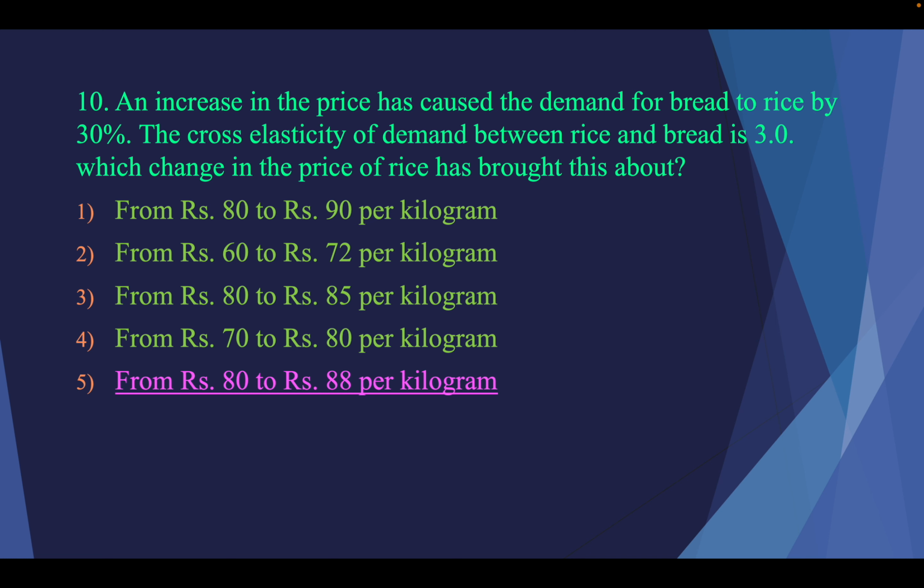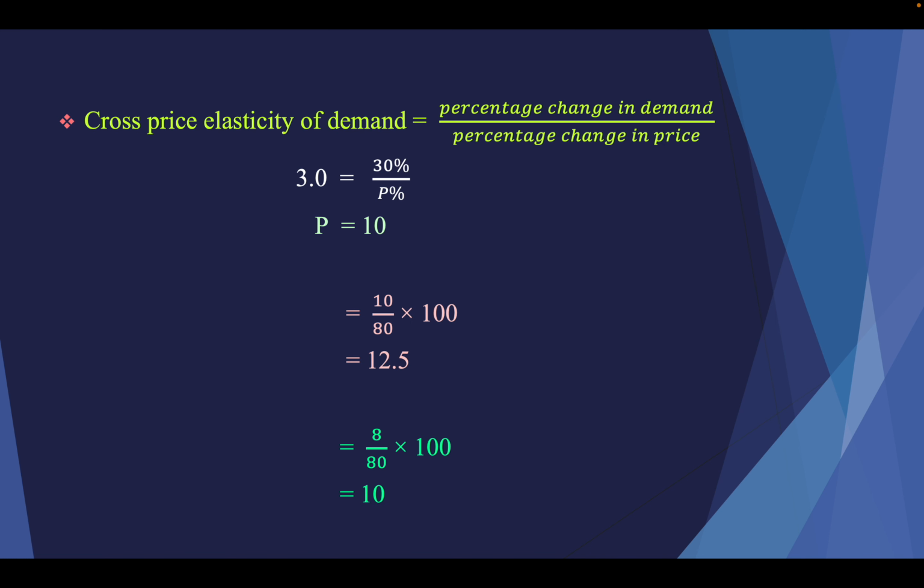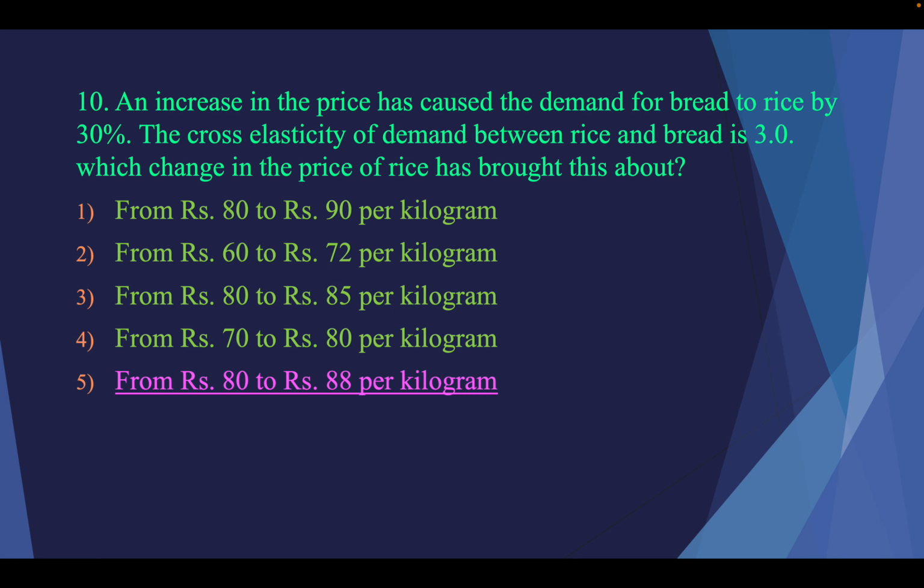Then 10 out of 80 means the percentage is 12.5. And you can try the other answers also, but I take the fifth one. So from 80 to 88 per kilogram, 80 to 88 means it's a difference of 8. Okay, 8 rupees.